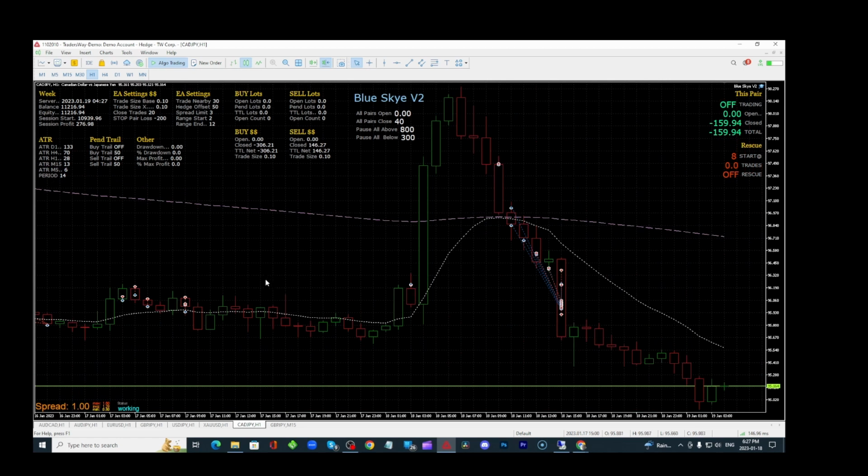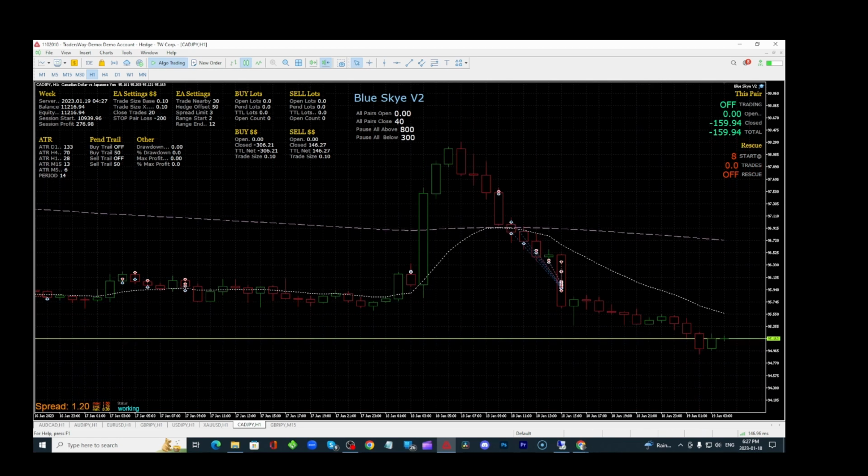So something we need to consider is maybe we need to put in some code so that when we find we're in a fairly strong market, in other words the angle of this trend line or moving average is at a certain level, then we either get out or we don't put in any more trades. Not sure yet, we'll see.